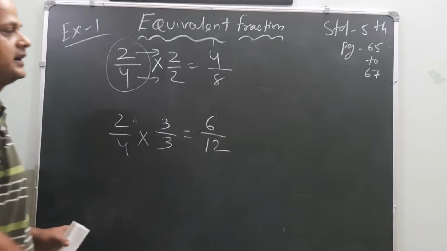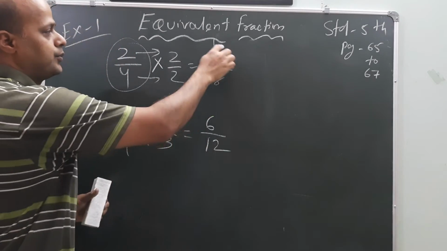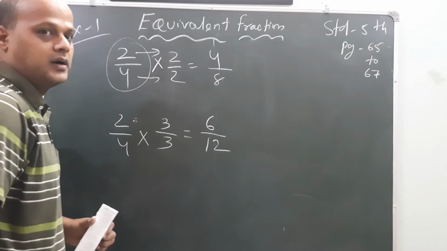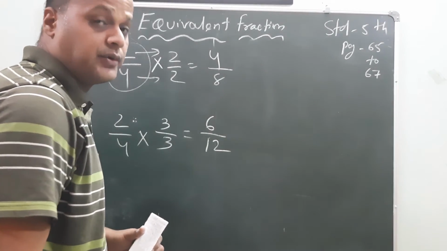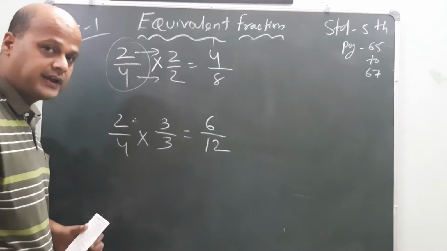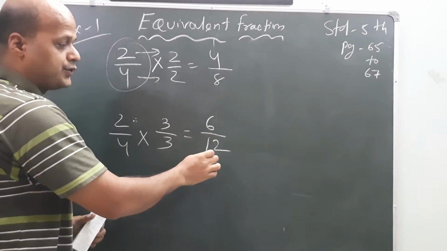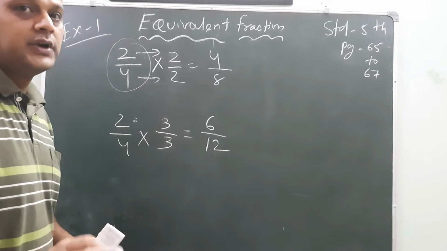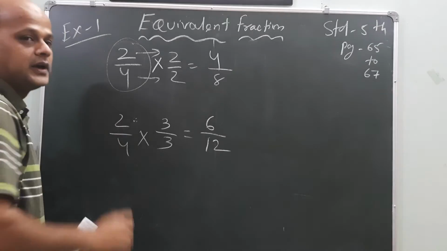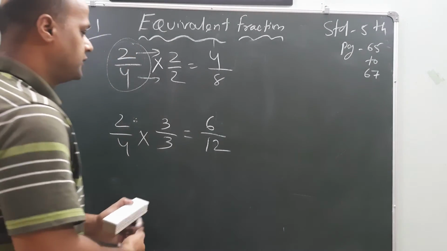And 2 by 2 gives 4 by 8. So you write that. 4 by 8 and 6 by 12 are the multiple equivalent fractions of 2 by 4. Understood? Yes, very good, my dear friends.